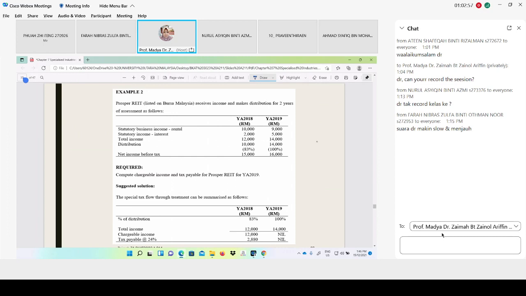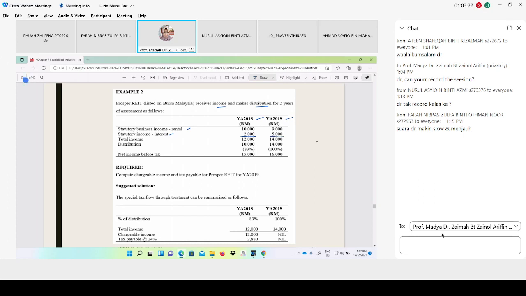Okay, so they give you information here. The REIT received income and distribution for 2 years, in 2018 and also in 2019. Okay, so you have rental income and also interest income. So this is your total income for 2018 and 2019.